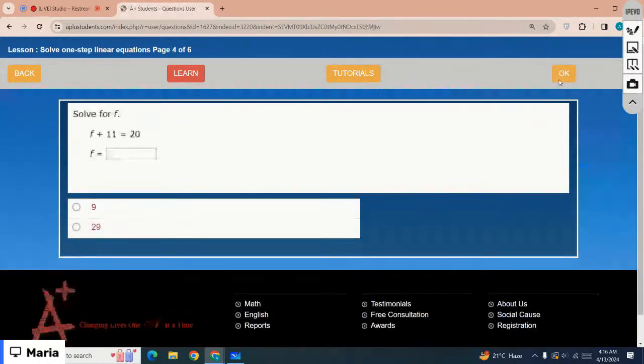Solve for f. So, which is the correct option? The correct option is 9.